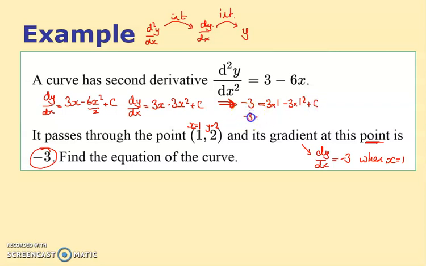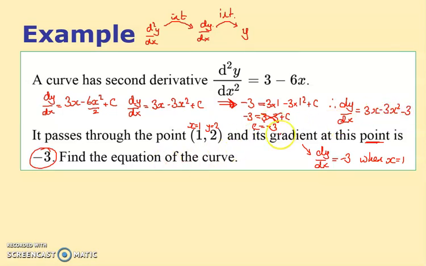And you quickly think, well, times my 1's not going to change much. 3 take away 3 in fact disappears, and therefore c equals minus 3. And therefore my dy by dx equation is 3x minus 3x squared minus 3.